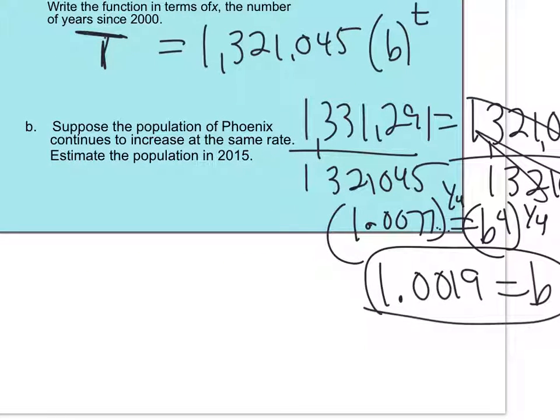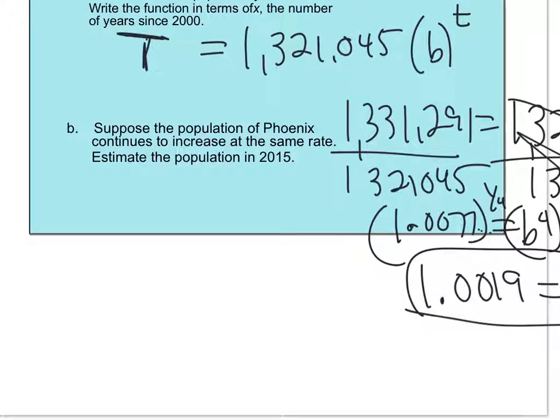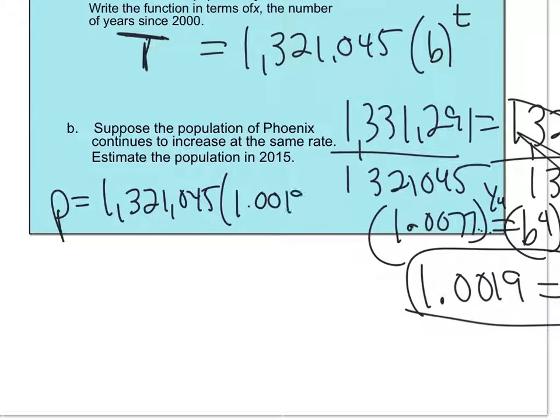So my equation then is going to be population equals 1321045 times 1.0019 raised to b. In this case, it would be time, so I'd put t. It kind of depends on what the problem's asking.